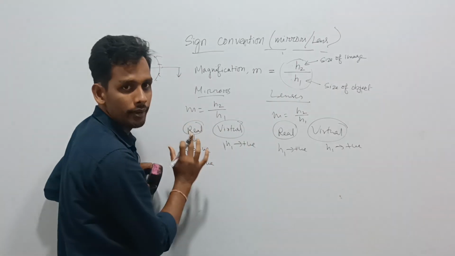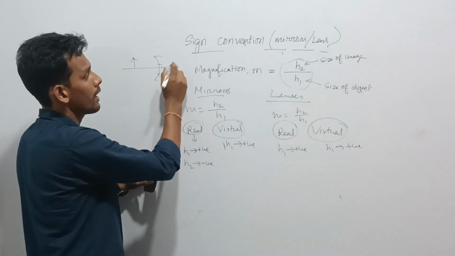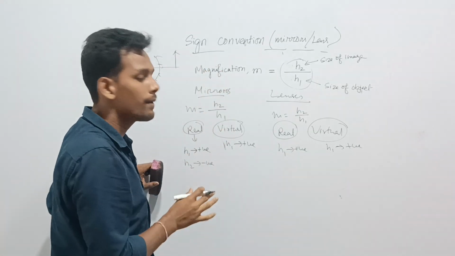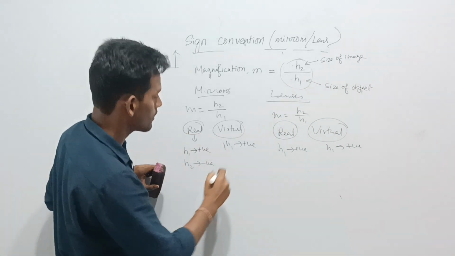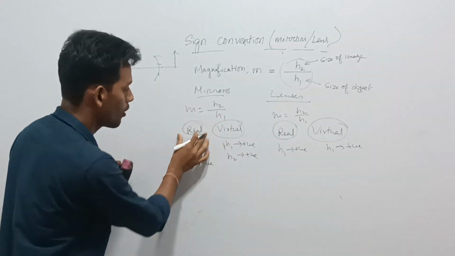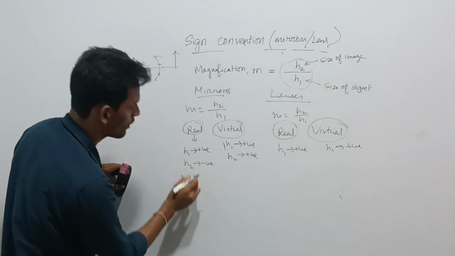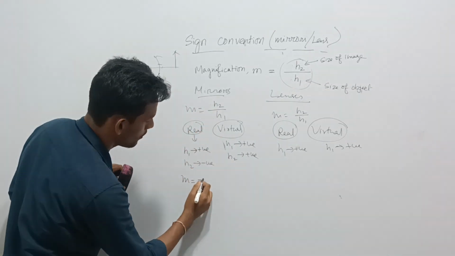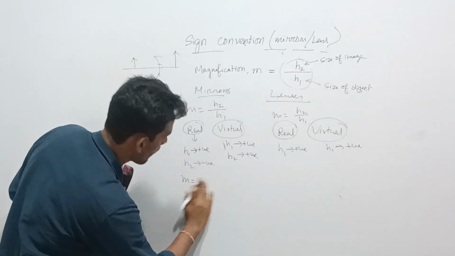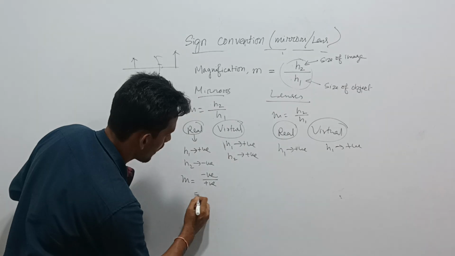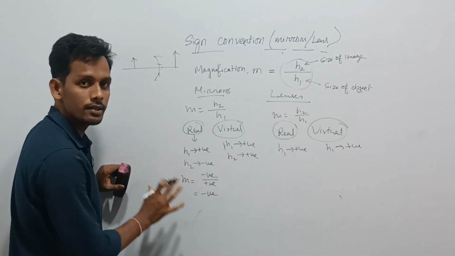Now for a virtual image, the image is always produced above the principal axis. If it is above the principal axis, then h2 is also positive. So for a mirror, for a real image, magnification is negative divided by positive, so magnification is also negative. You can find it by this method: h2 is negative, h1 is positive, ultimately minus by plus, this is negative.